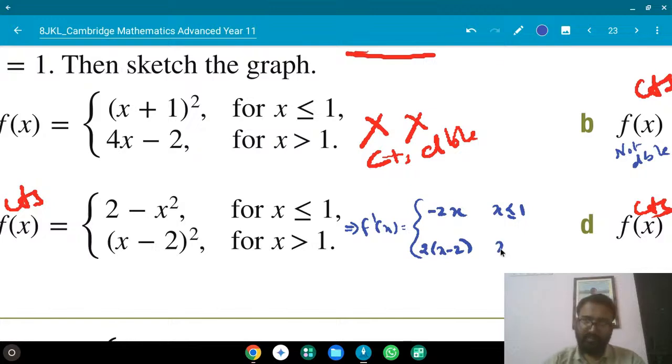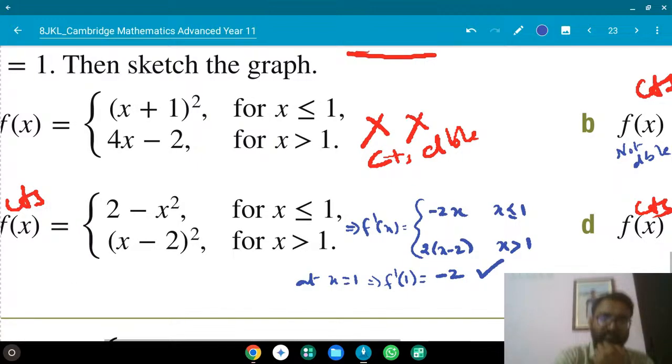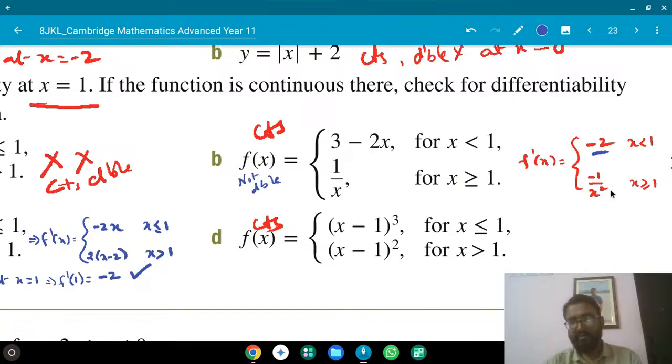This is for x greater than 1. So what happened when x equals 1? One is minus 2, and the other one is minus 2. Therefore, it is okay. It is differentiable. Clear? Previously it was not such a situation. There it was minus 2 and minus 1, so that was wrong. So now we'll come to this one again.